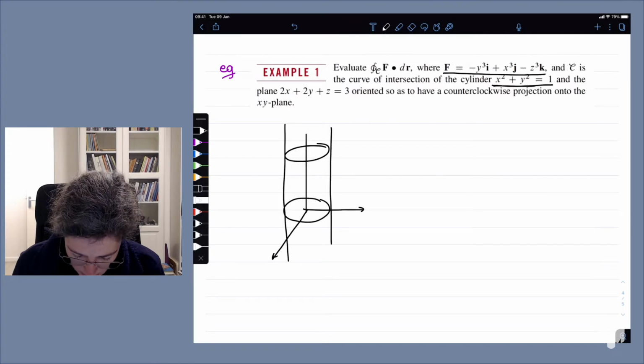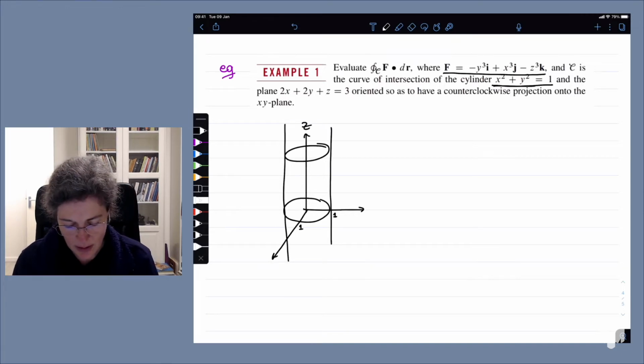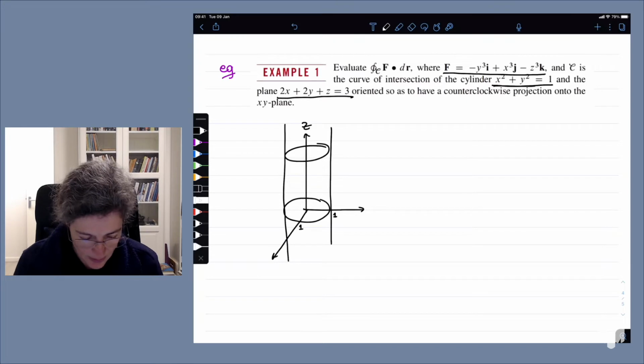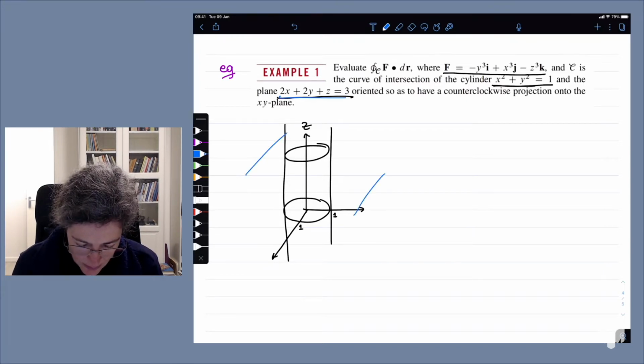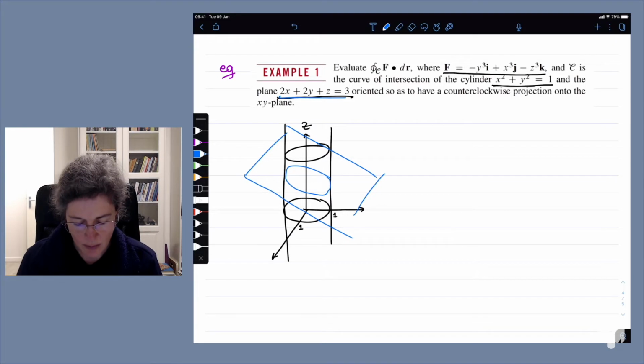It has a radius of 1. There's my z. Okay, so there's my cylinder. And I've got some plane, no idea what it looks like, but it's going to cut the cylinder. So if I think about my plane, I'm going to draw some plane here, doing this. And if you think about how it's going to cut the cylinder, it'll cut it in some sort of ellipse over here.